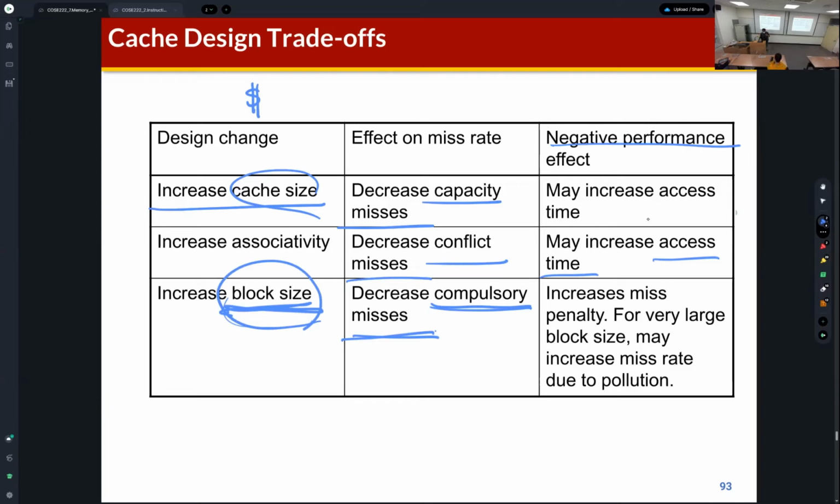But if we increase the block size, then we can decrease the cold misses. How? Why? Okay, let us think about it like this.